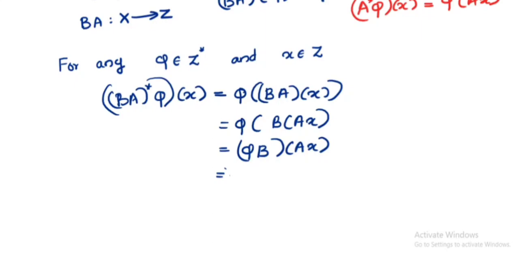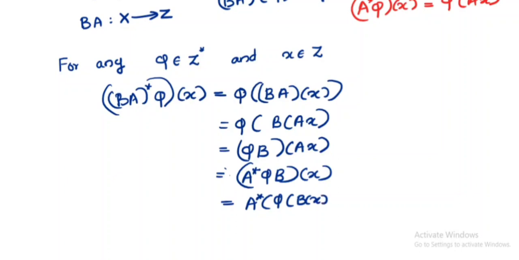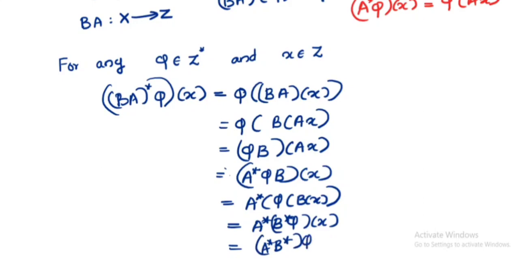Now phi B of x is the same as A star B star phi of x, and this is equal to A star B star phi of x.